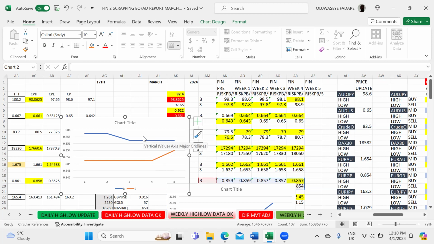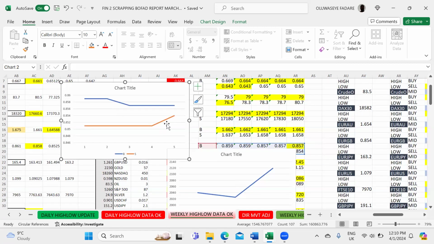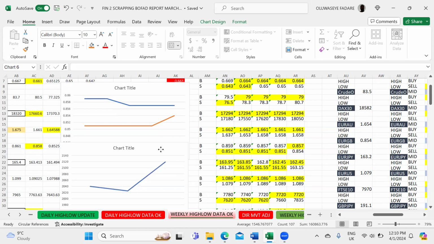This helps us to identify the move of the market effectively, to be able to show the direction.